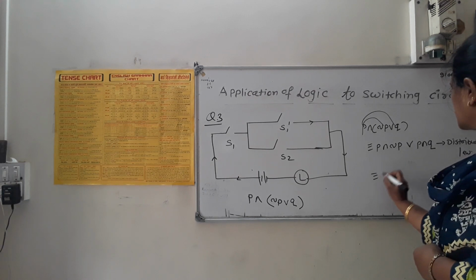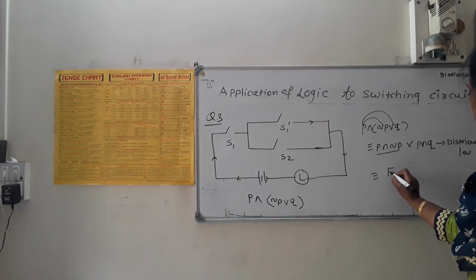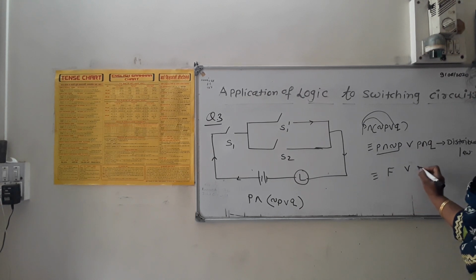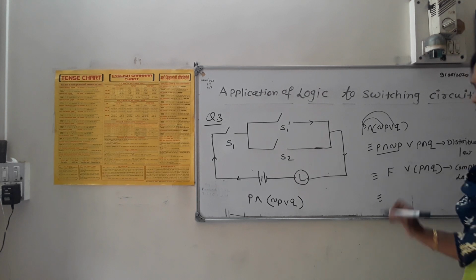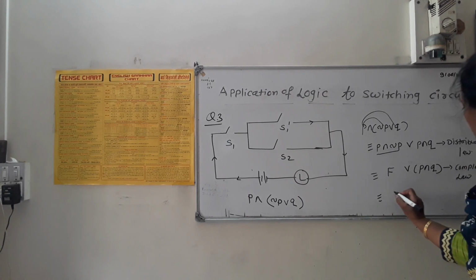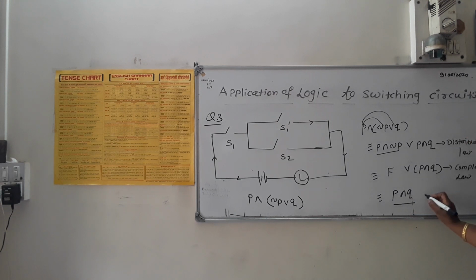Here P and negation P, it means that it is F. This part is as it is, P and Q. That is complement law. And last, here P and Q, that is identity law.